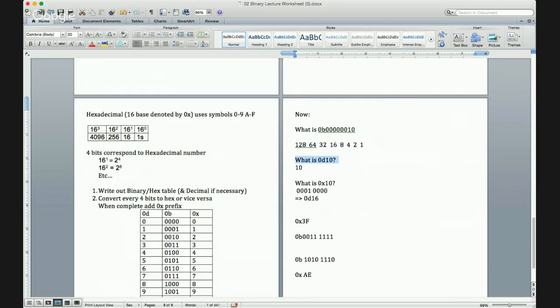The second one, the purpose of this was to show the need for the prefixes. Because if those prefixes weren't there, how in the world would you interpret these? You couldn't give me an answer.